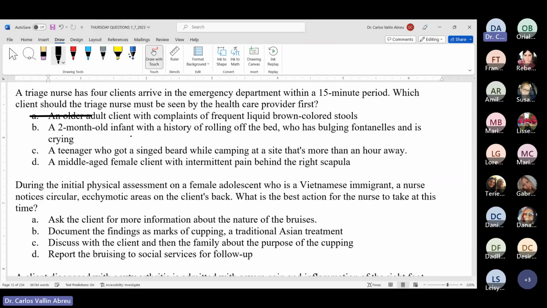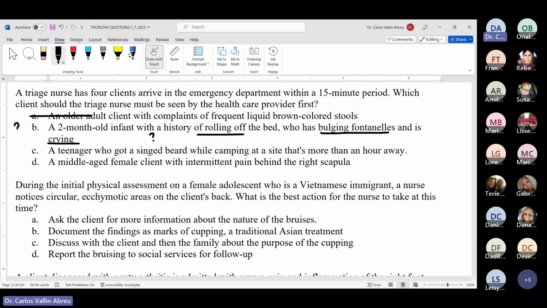A 2-month-old infant with a history of rolling off the bed who has bulging fontanelles and is crying. So he or she fell from the bed. Rolling off the bed at 2 months is suspicious. It could be abuse. And has bulging fontanelle but is crying. It could be a trap.